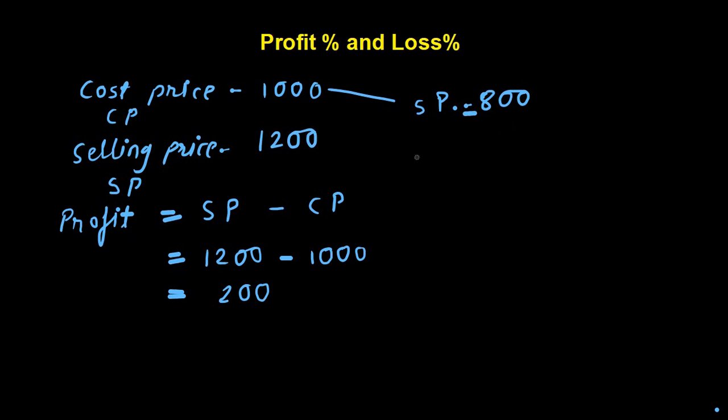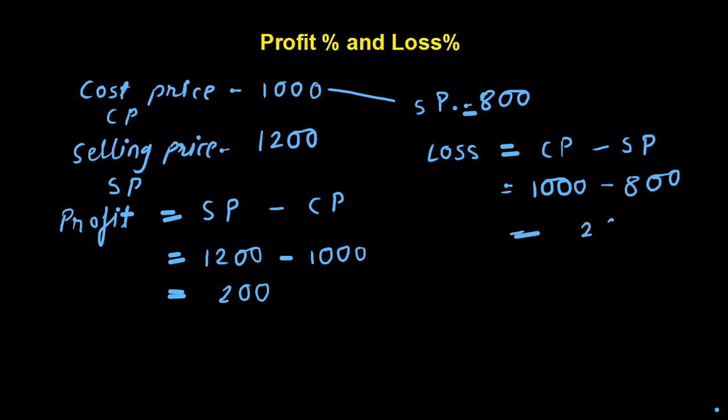So it's a loss for him. How to find out the loss? The loss formula is loss equals CP, cost price, minus SP, selling price. Cost price was 1,000 minus SP 800, so 200 is the loss.